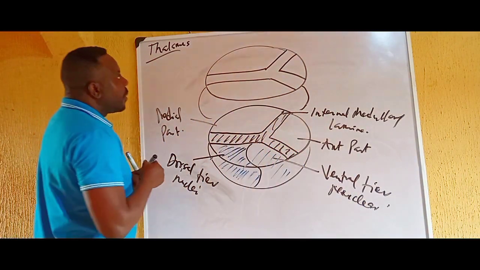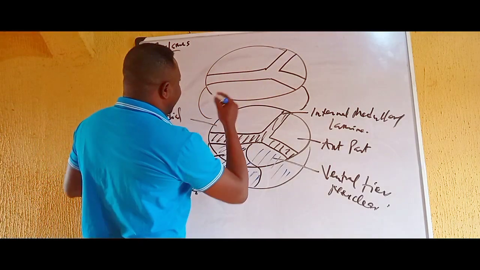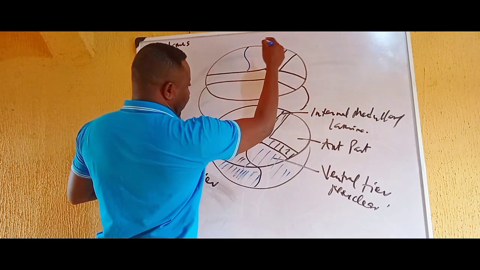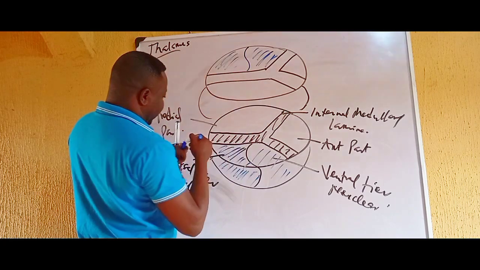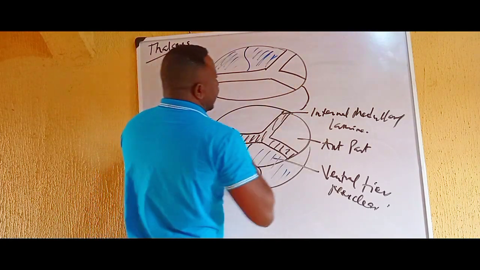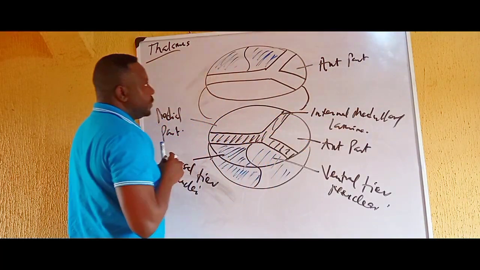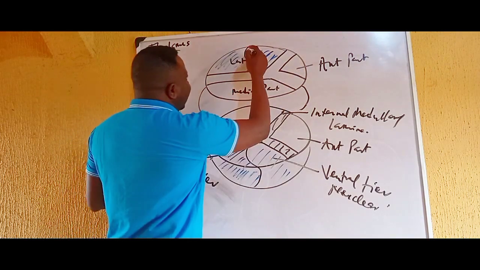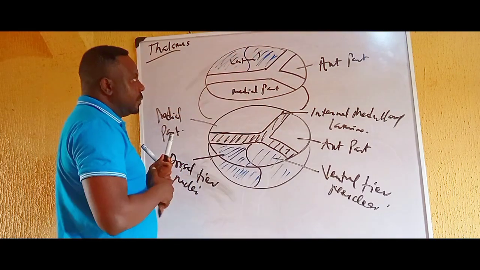The same thing is applicable here. The ventral tier and the dorsal tier, and then of course this is the anterior part of the thalamus, and then this is the medial part. And then this is the lateral part that is divided into the ventral tier and the dorsal tier.